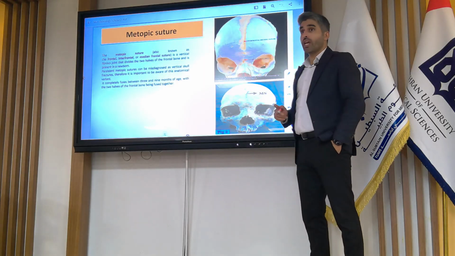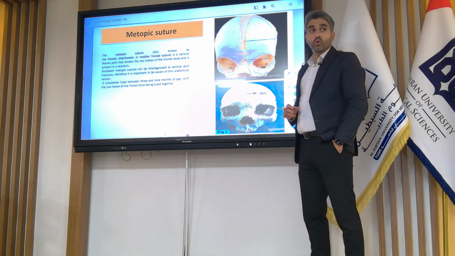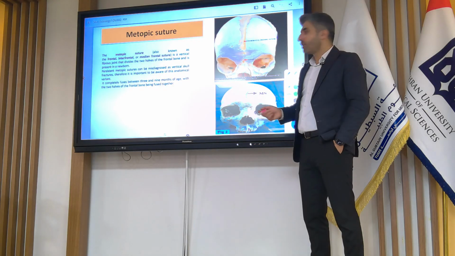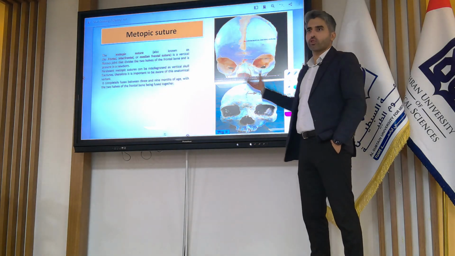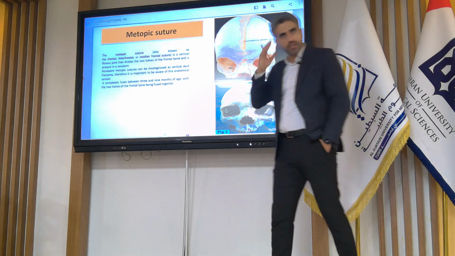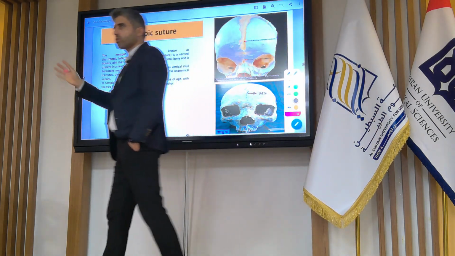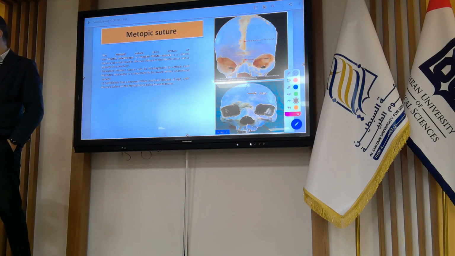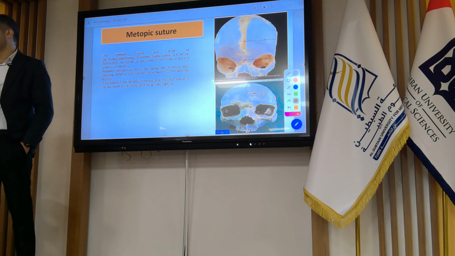For example, you take a radiological image of a skull in a patient, and you see this line, and you say this is a fracture. No, it's not a fracture, and the patient says, I didn't have any damage or trauma. It's normal, so you should pay attention to this. This is the metopic suture.